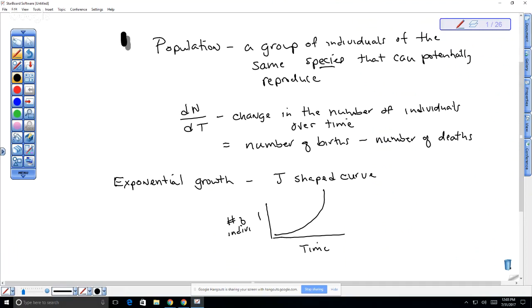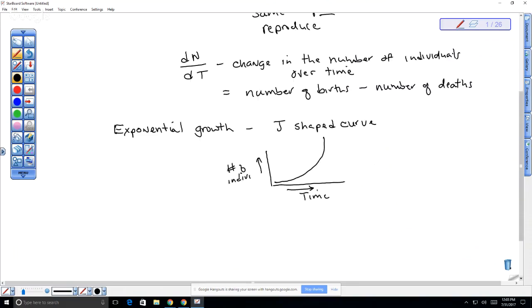So individuals are increasing along this axis, and we have an increase in time along this axis. So if we look at exponential growth, we can talk about a value which is called R max. And so R max is the maximum rate of intrinsic growth.